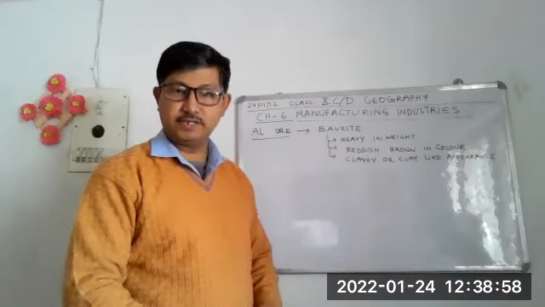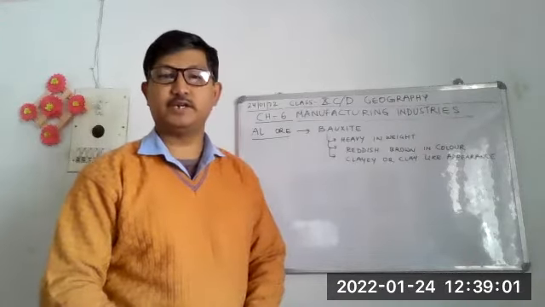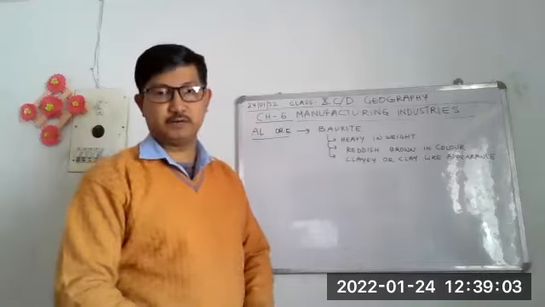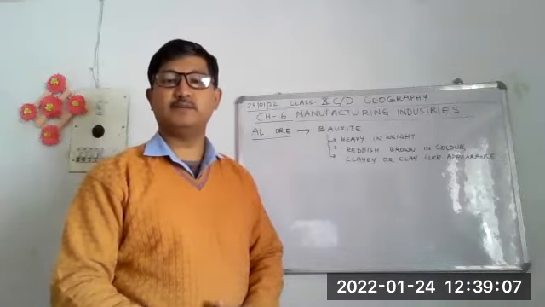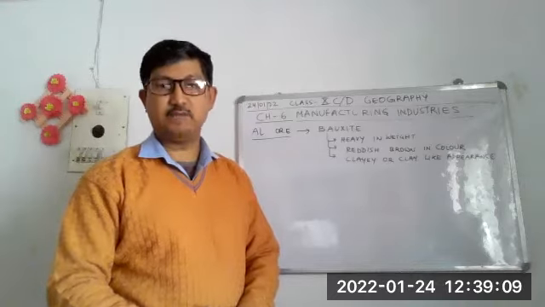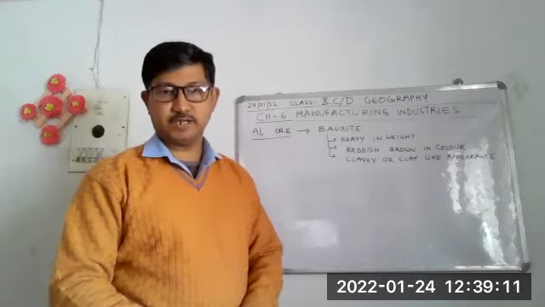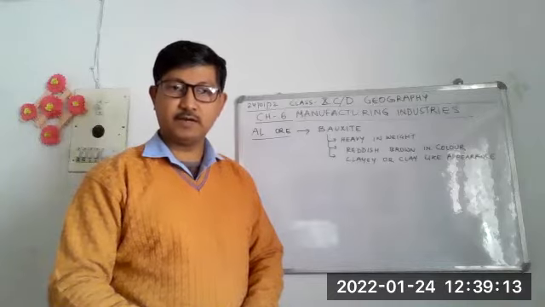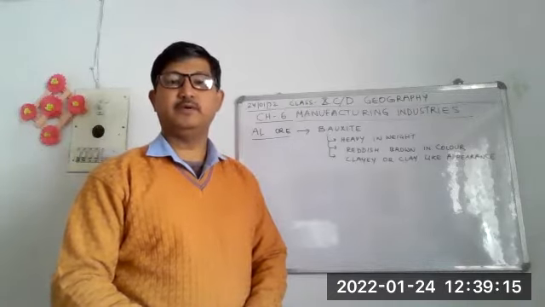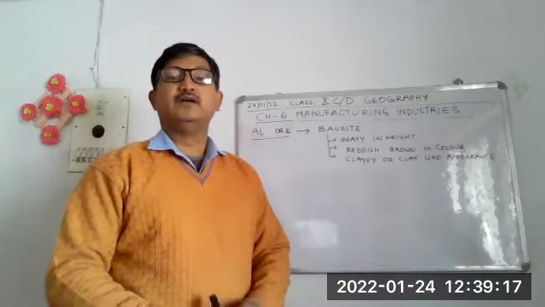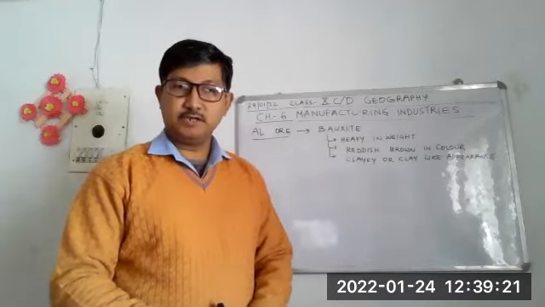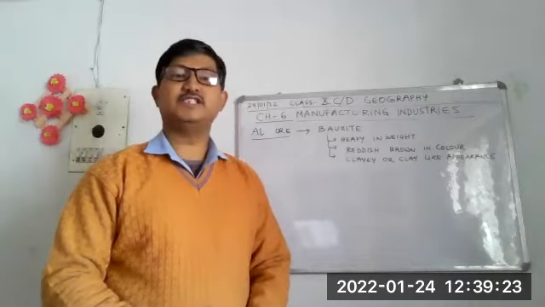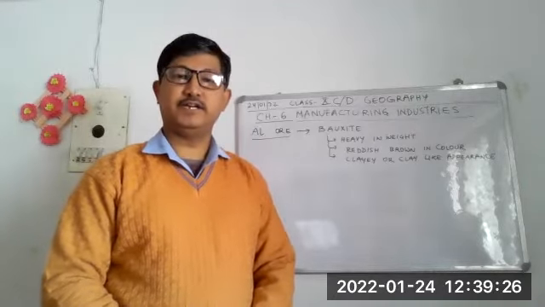So electrolysis uses a lot of electricity, and because of that process, aluminium is formed. That means from 6 tons of bauxite, we get 1 ton of aluminium. And that aluminium, because of the electrolysis process, consumes 18,600 kilowatt hour of energy.